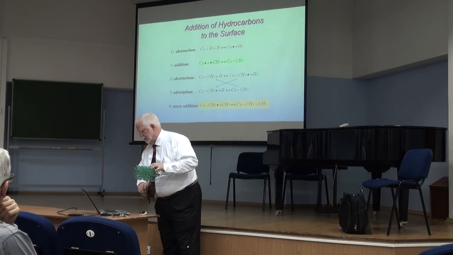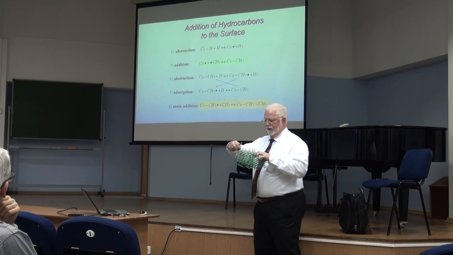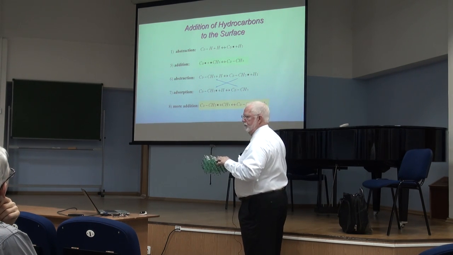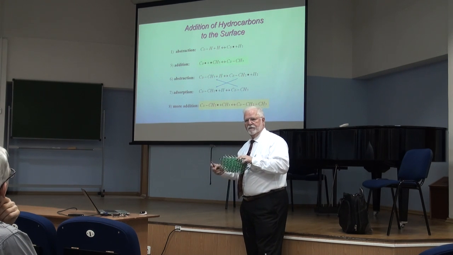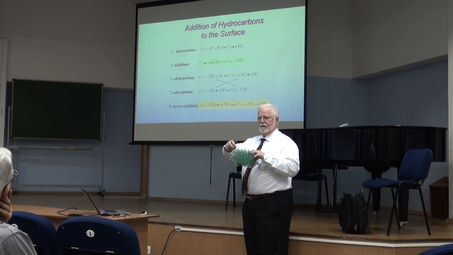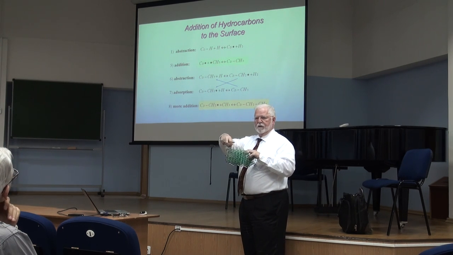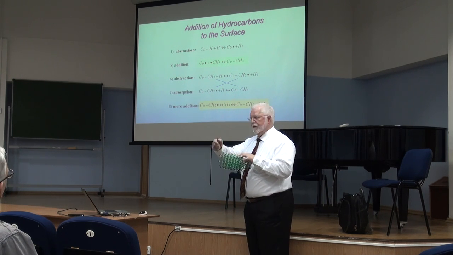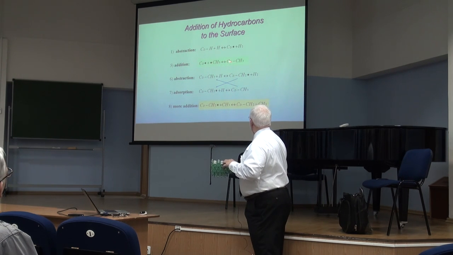So how do we grow diamond? Well, occasionally, while that broken bond is there, along comes a carbon radical. I show this methyl radical here as an example. It forms a carbon-carbon bond to this site. So now I have added 1 carbon to the lattice. That doesn't make it diamond yet, it's just an adsorbate. And in fact, it's at a high enough temperature that the bond can be broken.